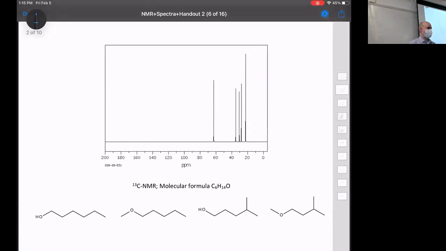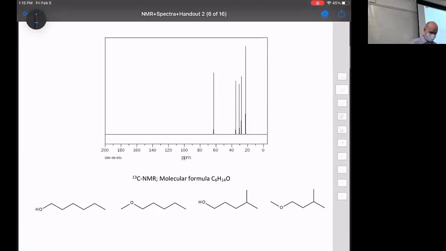All right, you said you want to try this one? You can, yes, that's great. It's true. So there are 5 environments. So that would cross out the first 2. Yep. So the first molecule here has 6 environments, and the second one has 6 environments. So those are not going to match. Great.